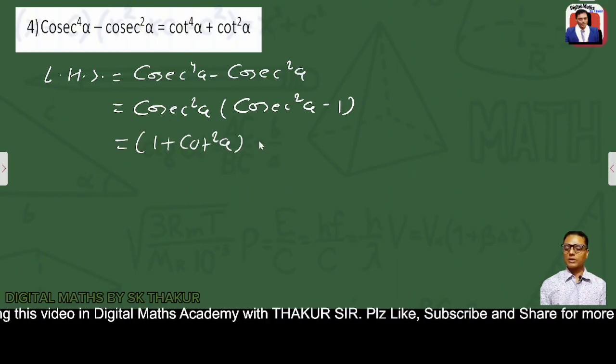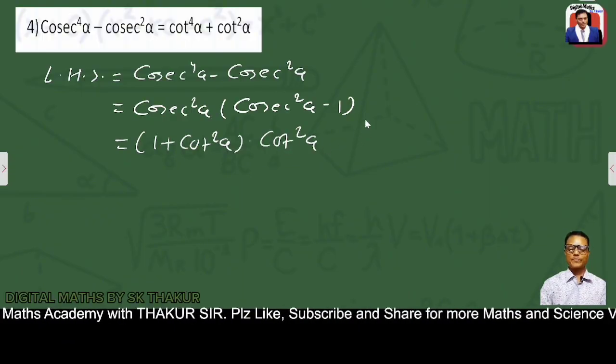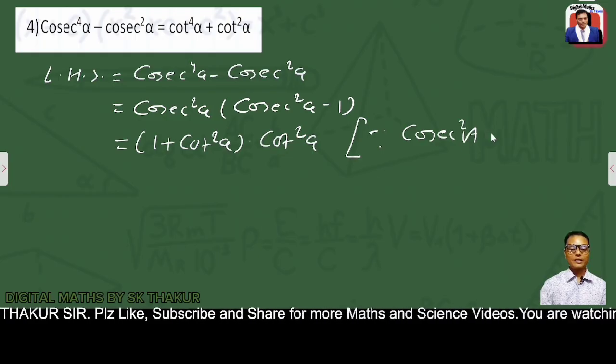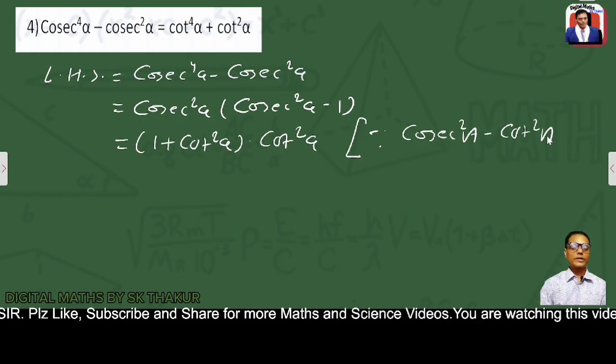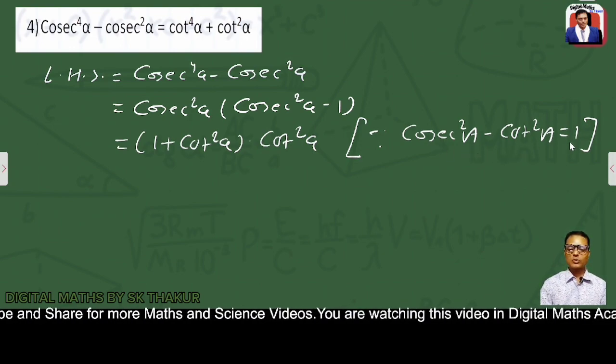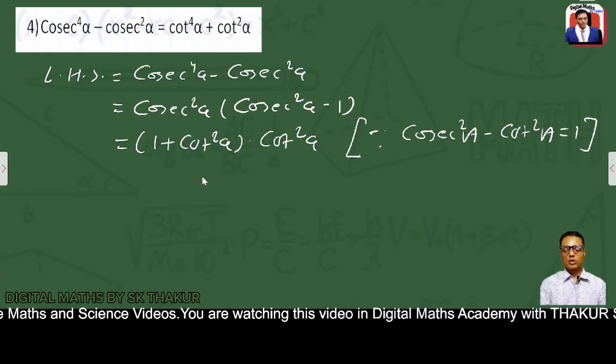Yes, it's a formula. And cosec square alpha minus 1 is equal to cot square alpha, because we know the relation cosec square a minus cot square a equals 1. So from this relation, cosec square a equals 1 plus cot square a, right? And cosec square a minus 1 equals cot square a.